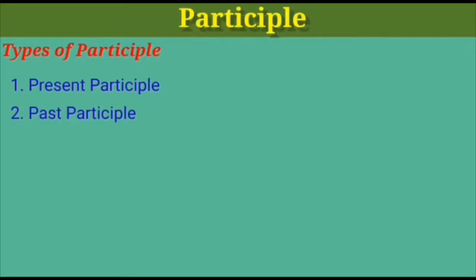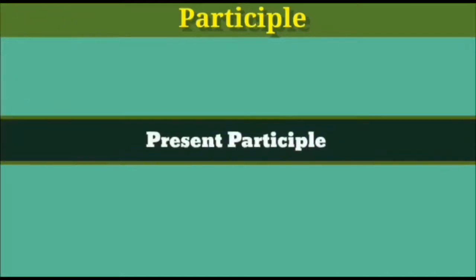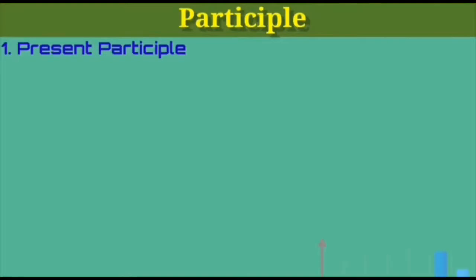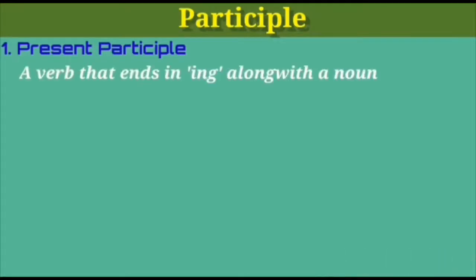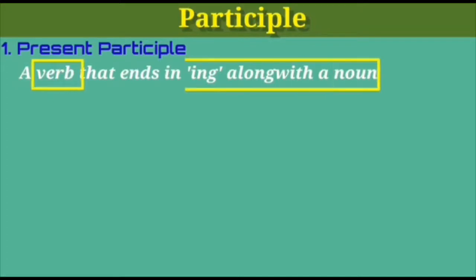You can even say number one is past participle and number two is present participle. It doesn't make a difference. But let's talk about present participle first. Whenever you see a verb ending in ing, you need to consider it a present participle.